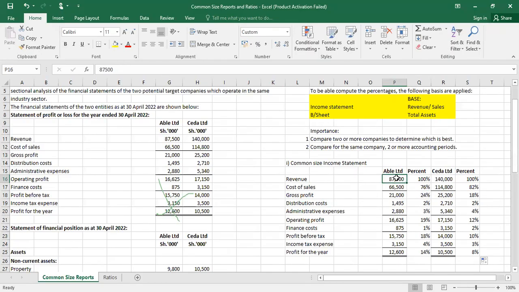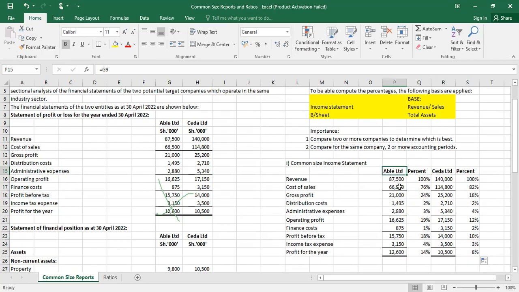If I go to company Cedar, the cost of sales accounts for up to 82%. That means that the costs in Cedar are more than the costs in Able. Look here.